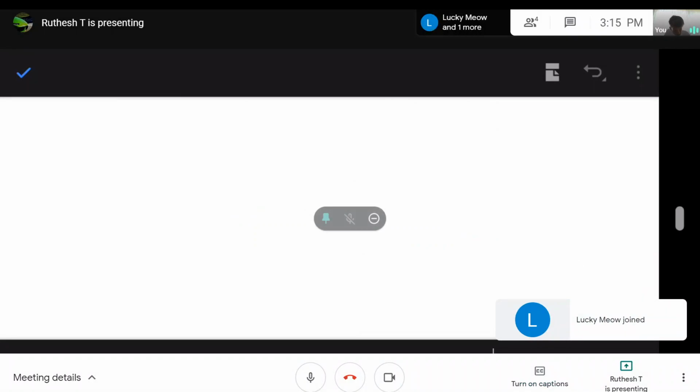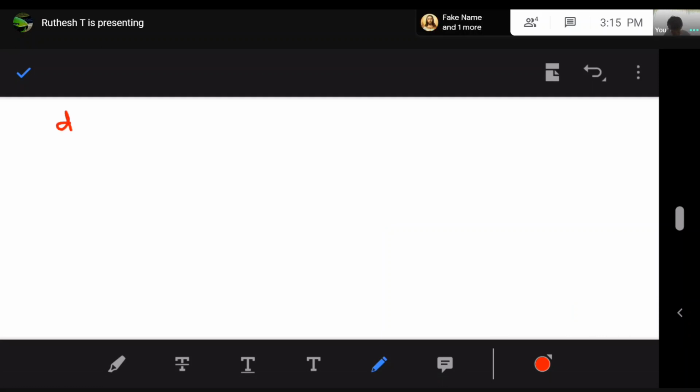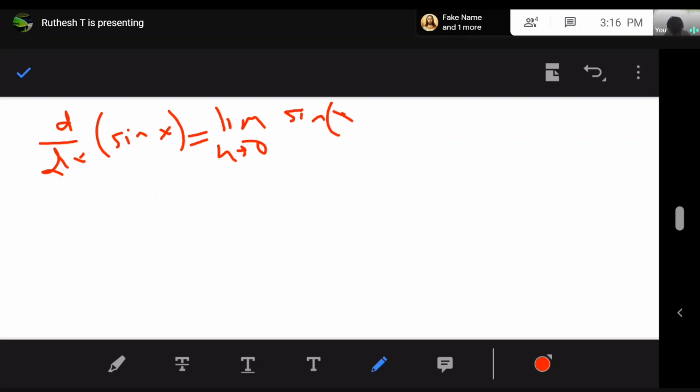So for cosine or for sine, you do derivative of sine x. It's a limit as h approaches 0 of sine of x plus h minus sine x over h.